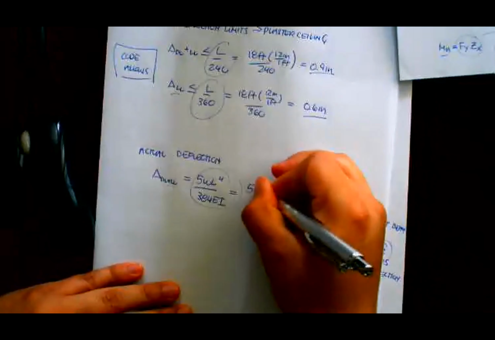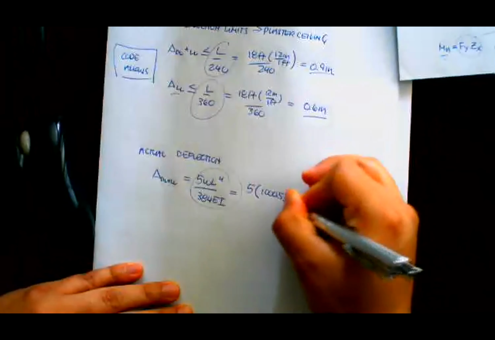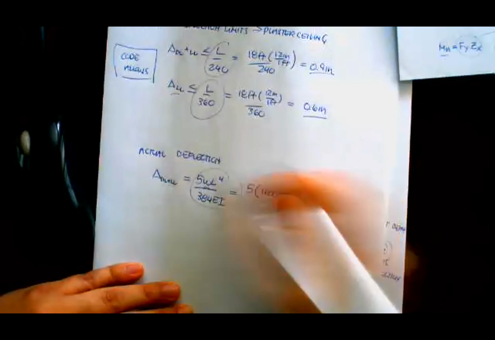Well, it's 5 times 1,000.5 pounds per foot. That's what W is.